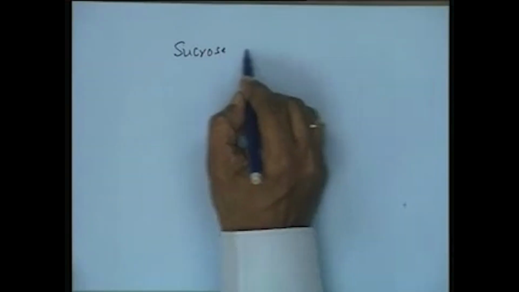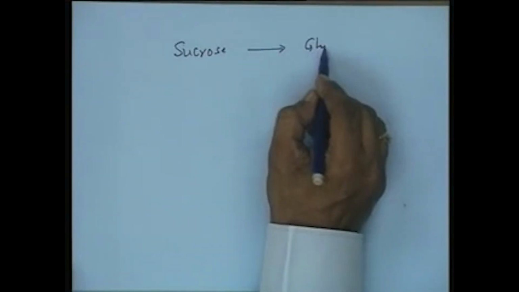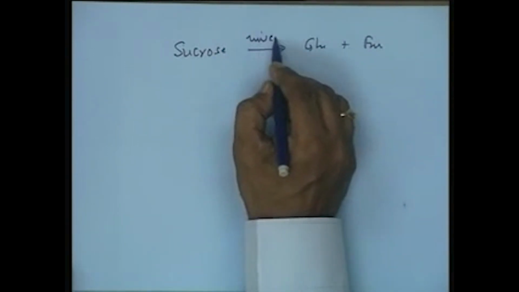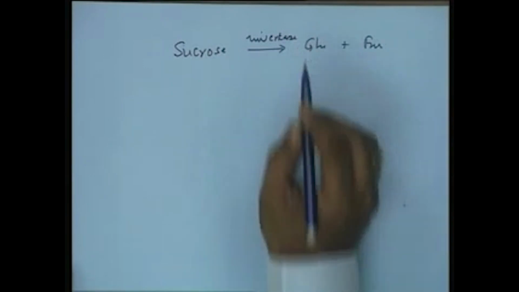In those days the alcoholic fermentation enzyme was called zymase, although that nomenclature is no longer valid. But the first enzyme in the whole reaction sequence was invertase, which hydrolyzes sucrose into glucose and fructose, and that was the key enzyme which people were ready to study.